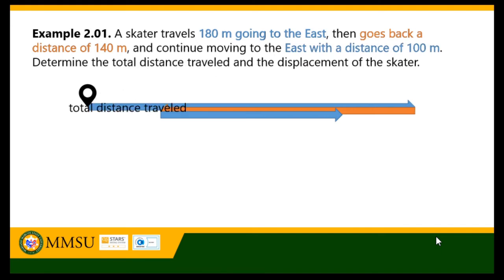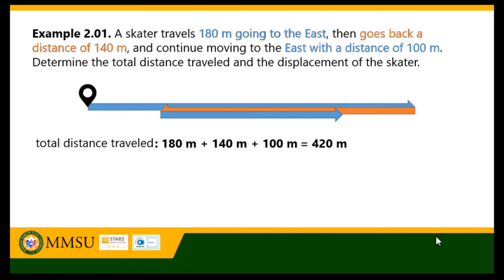For the total distance traveled by the skater, you are just going to add the distances or the movements taken by the object. So we have 180 meters plus 140 meters plus 100 meters, which is equivalent to 420 meters. If you look at the total distance, it did not consider the direction of the movement of the object.